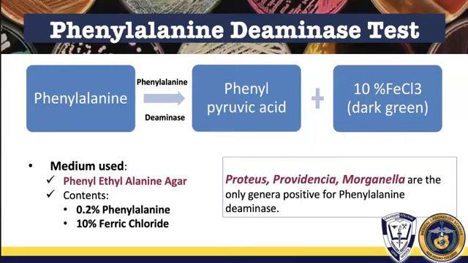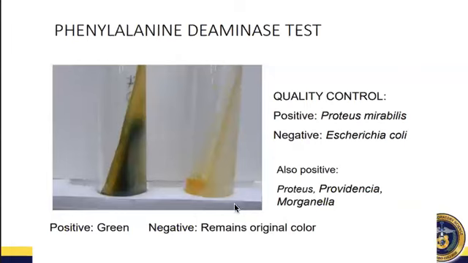So here, the PPM group are positive again. Proteus, Providencia, and Morganella are the only genera positive for phenylalanine deaminase. Okay, so that's it. Dark green is the positive color for deamination, for phenylalanine deaminase. Okay.